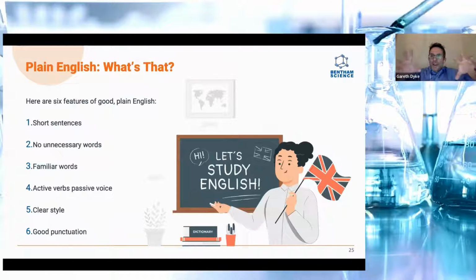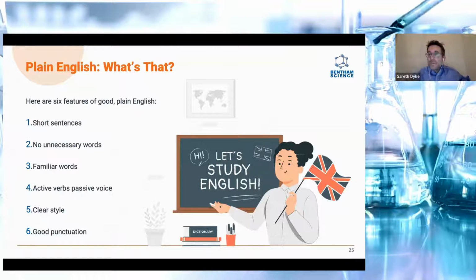Because in effective English academic writing, short sentences are used. No unnecessary words, familiar words, active voice rather than the passive voice, a clear style with good punctuation.